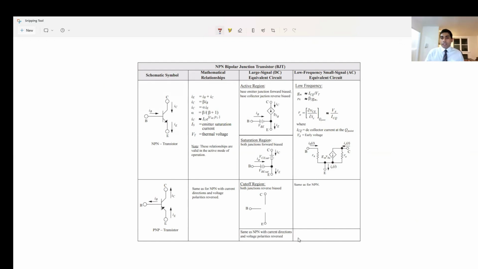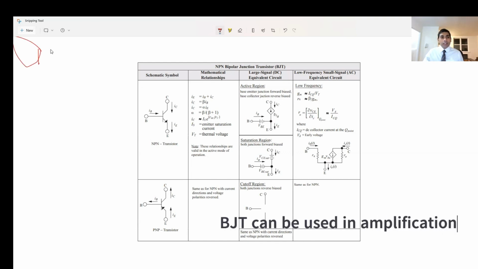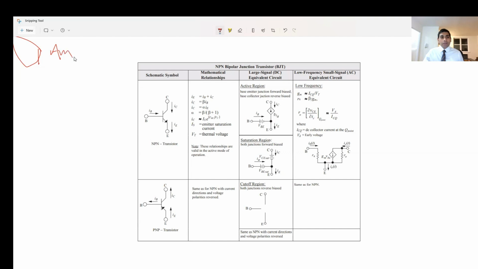Now, a BJT, for those of us who don't know, is a transistor which is used basically in two ways. One, it can be used in amplification, or it can be used basically in switching.